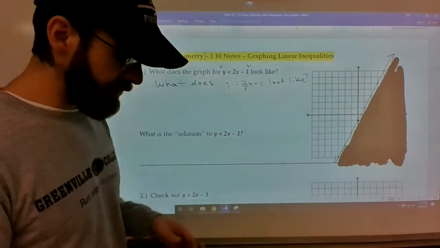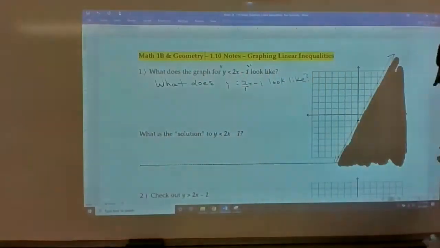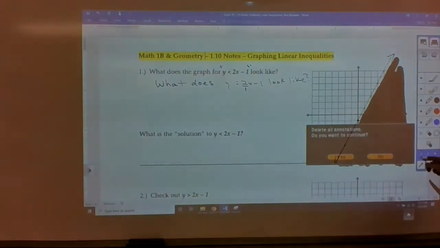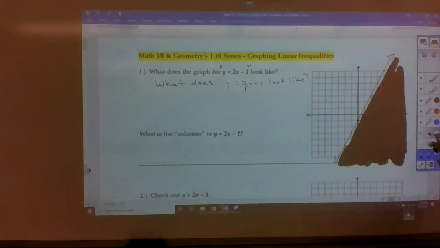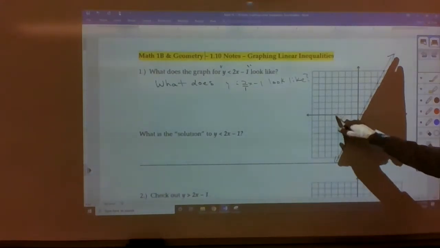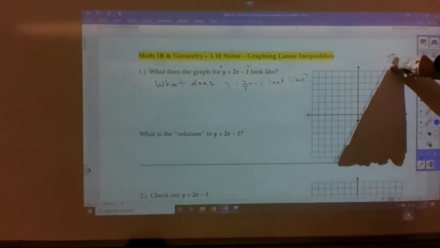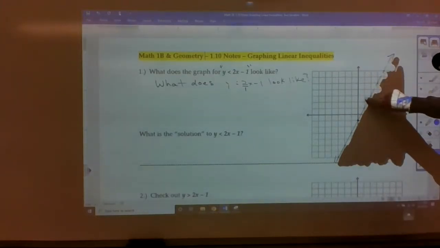And there's actually one other thing we've got to keep in mind. You have to dash this line here.